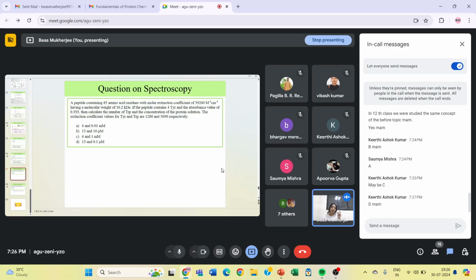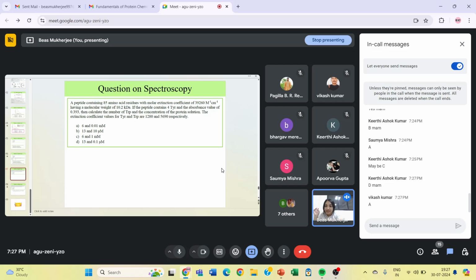These kinds of numerical questions, especially on spectroscopy, are very useful for your GATE. The NAT questions, numerical answer type, come, and all these questions would be very important. So try to practice as many as you can. The molar extinction coefficient depends upon the number of aromatic amino acid residues present.